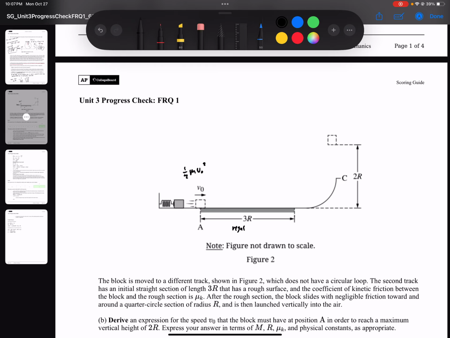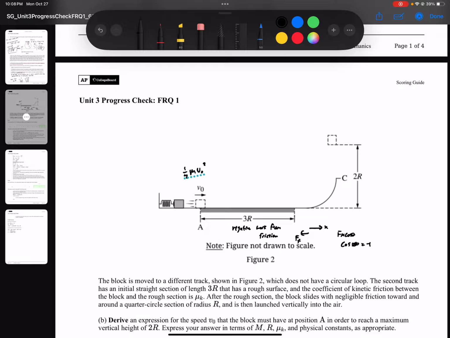The reason is that as the block moves through this region, friction exerts a force that opposes the motion of the block while the block is displacing in this direction. These vectors are in opposite directions, so if we do F d cosine theta, cosine 180 equals -1. So friction is just going to do negative work.